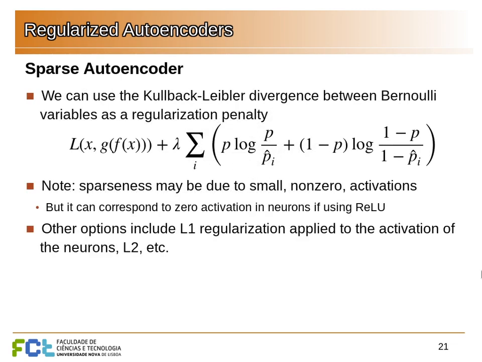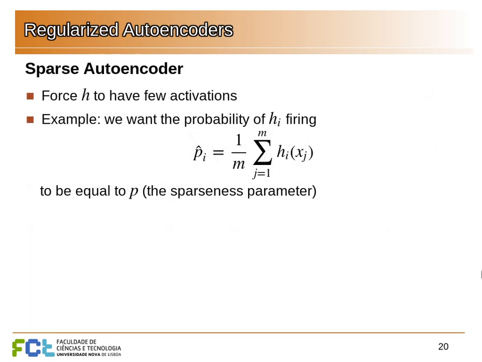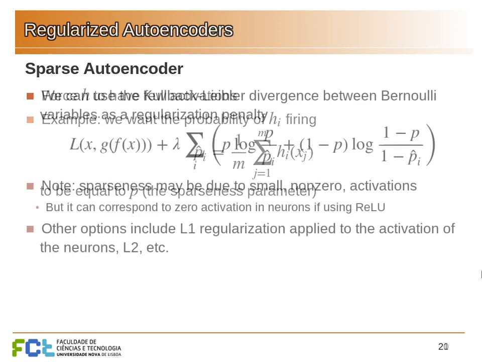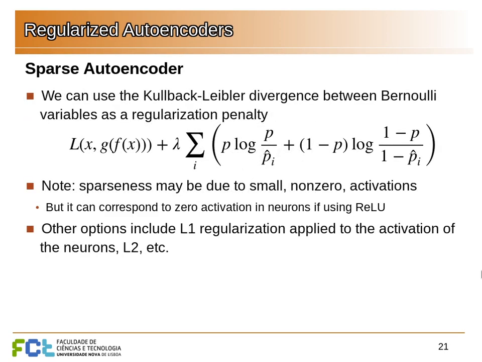And what we can do now is, in addition to the loss function, where we compare the output of the network to the input, so that we are reconstructing the input data as well as possible, we also add this measure of the divergence between the average activations on the hidden layer and a probability that we specify with which we want the neurons to be active. For example, let's say we want only 10% of the neurons to be active for each example.